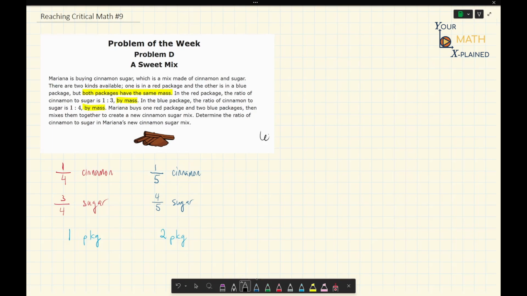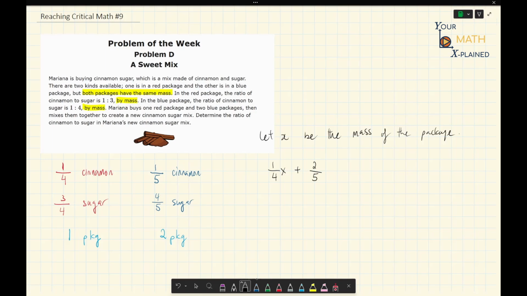So we're going to let x be the mass of the package. Then, what we know about the cinnamon parts would be that we have 1/4 x, so 1/4 of the original package, plus, instead of doing 1/5 of the next package, we're going to do 2/5 of it, because we have 2 of those packages.